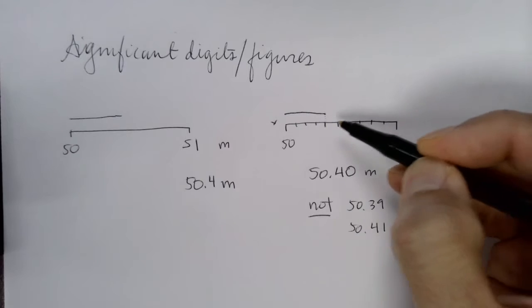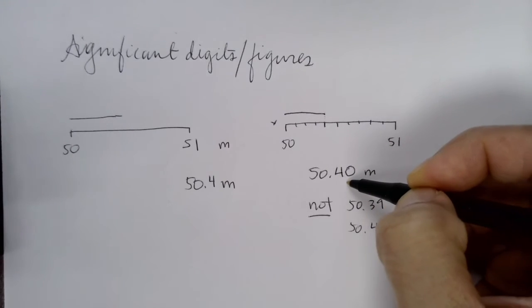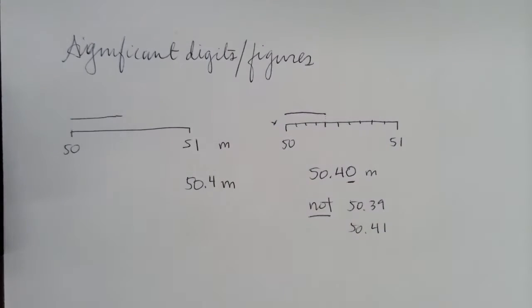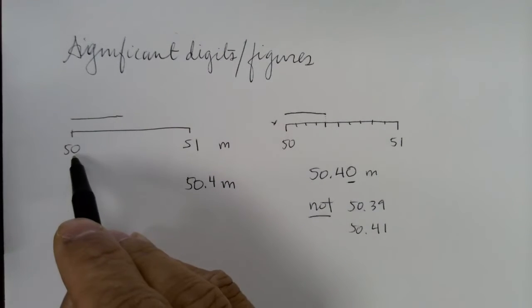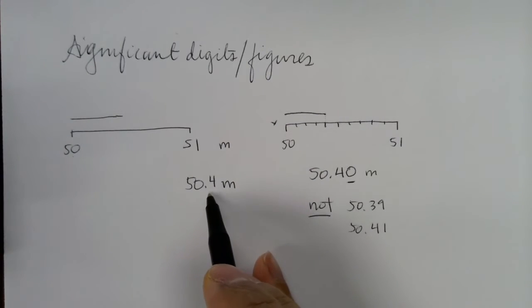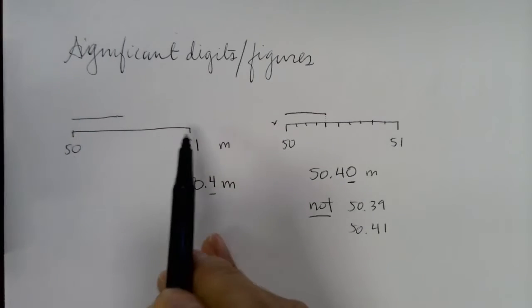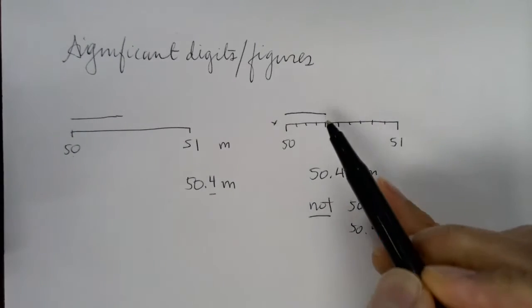And remember, whatever markings I have, that's the 50.4, I need to estimate the next digit over. Right, so over here I had 50 and 51 marked, which means I can indicate the next digit over, because I know that it's not on 50 and it's not on 51, it's somewhere in between.